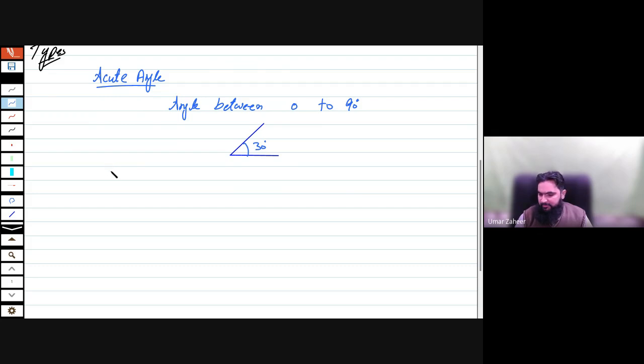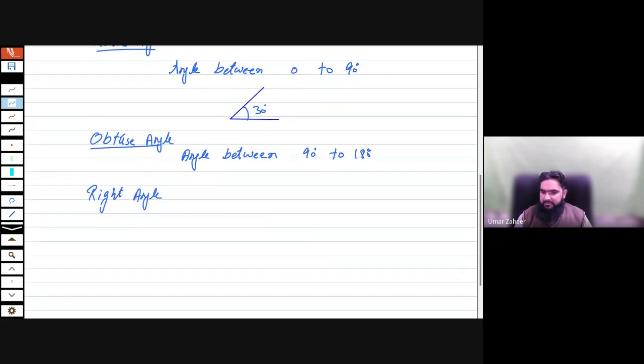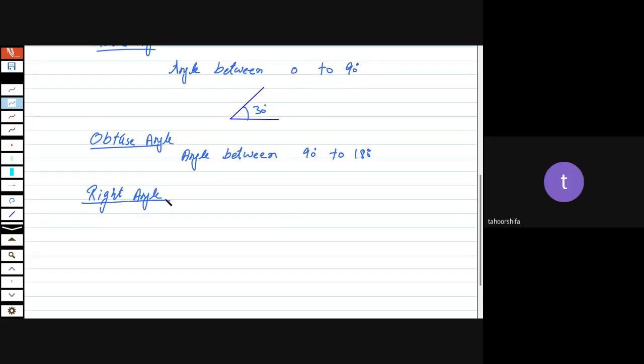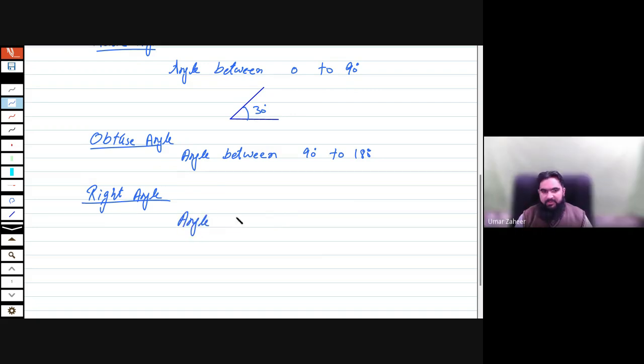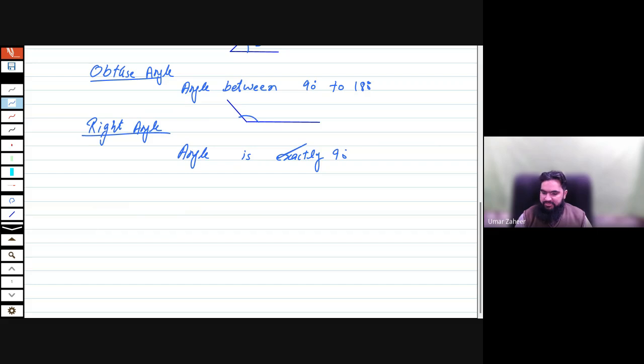The second one is the obtuse angle. An obtuse angle is an angle that is greater than 90 but less than 180, so 90 degrees to 180 degrees. And the next one we have is the right angle, which is an angle that is exactly 90 degrees.